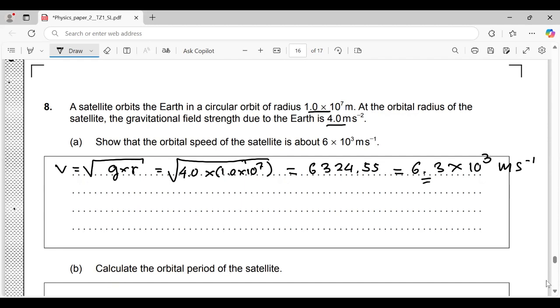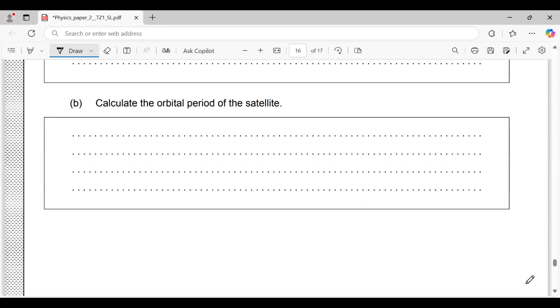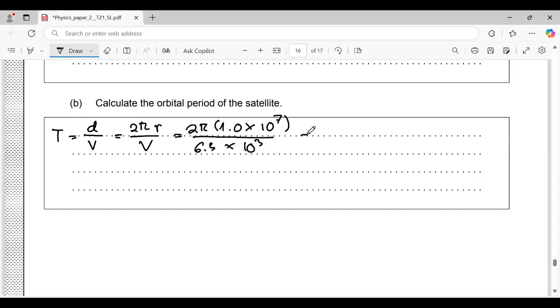Calculate the orbital period of the satellite. I'm going to use the formula T equals d over v, where v is velocity and d is 2 pi times r, the radius. So T equals 2 pi times 1.0 times 10 to the power 7, over the velocity we just calculated, 6.3 times 10 cubed.